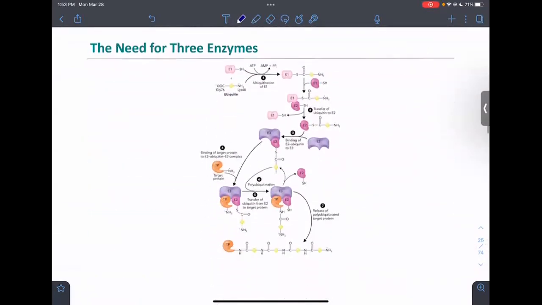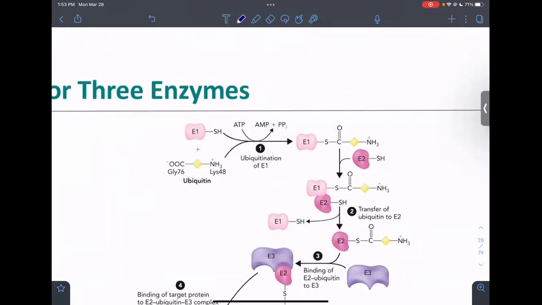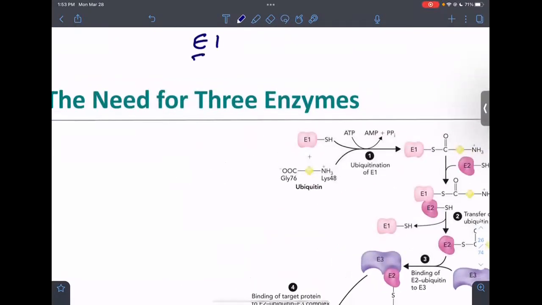Okay. So let's look at these different reactions that occur in order for ubiquitin to ubiquitinate your target proteins. So we really need 3 classes of enzymes in order to make this happen. They're called the E1, E2, and E3 enzymes. So basically, E1 is going to attach a ubiquitin molecule to E2.